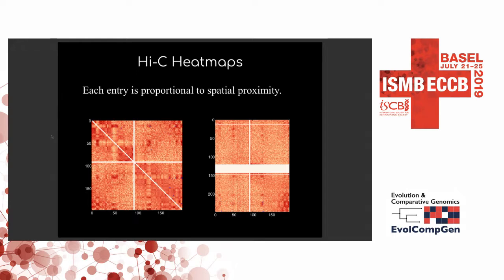Roughly speaking, you can consider Hi-C data as a matrix, and an entry ij in the matrix is proportional to the proximity in 3D space that position i is with position j. So this dark spot here says that this part of the chromosome is close to that part of the chromosome, closer than expected. We have information in between chromosomes too.